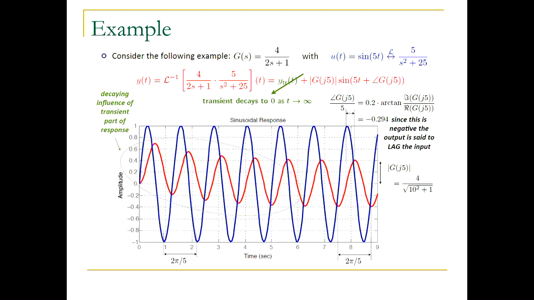There's no movement anymore of the average around which it oscillates. The average settles at 0, and from that point onwards the transients have died out, and that's the steady state. So in steady state, the red signal looks like just a sinusoid, but with a different amplitude, and it is shifted. We can calculate this amplitude and shift from the transfer function and the frequency of the input signal, just by using these formulas.